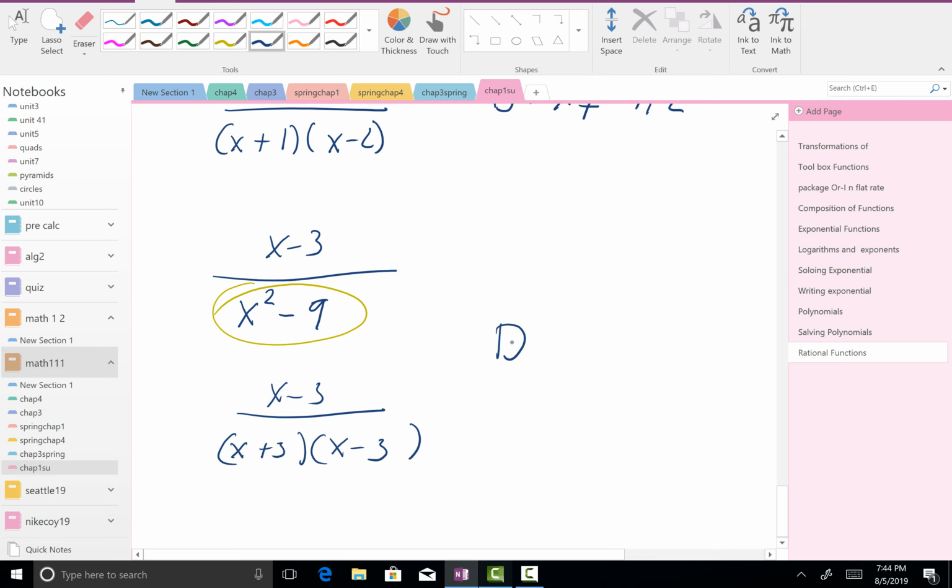We're only interested in the domain, so what can't the domain be? 3 or -3, plus or minus 3. So when they're like that, you should factor them. In fact, the book is going to say factor these first.